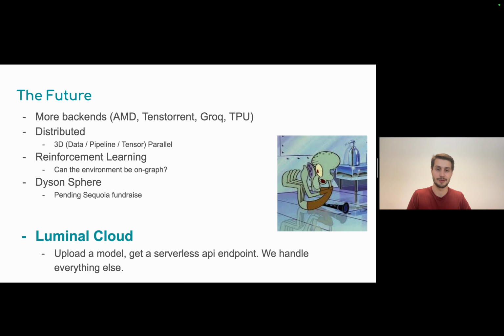reinforcement learning workflows. Our Dyson Sphere, unfortunately, is pending our Sequoia fundraise, so reach out to us if you have any info on that. But what we've really been working on recently is the Luminal Cloud. Because we were able to represent these models as graphs, if you're working on a model in Luminal, you can do graph.export, get a file out, upload that file to the cloud, and then get a serverless inference endpoint, and we handle everything else.